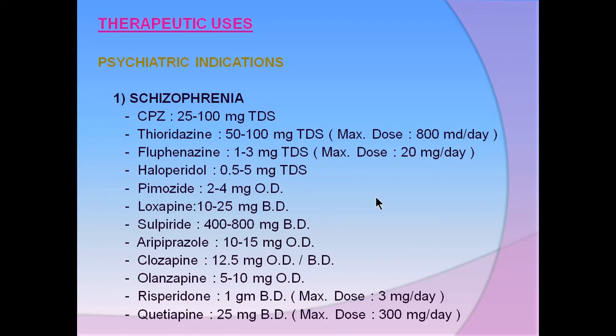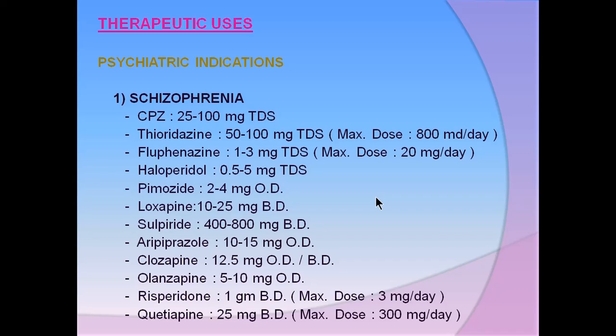Coming to the next point, therapeutic usage of antipsychotic drugs. There are so many different indications. First being psychiatric indications of antipsychotic drugs. In schizophrenia, drugs indicated are chlorpromazine, thioridazine, fluphenazine, haloperidol, pimozide, loxapine, sulpiride, aripiprazole, clozapine, olanzapine, risperidone, and quetiapine.